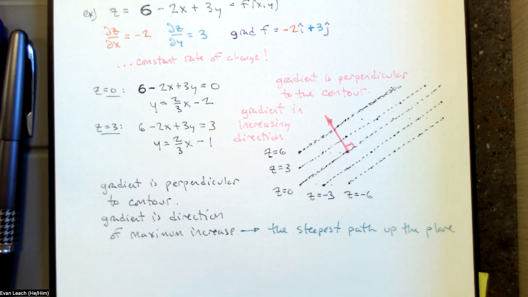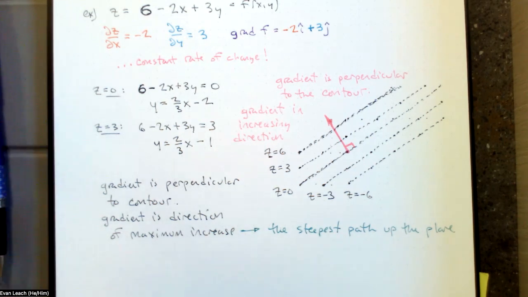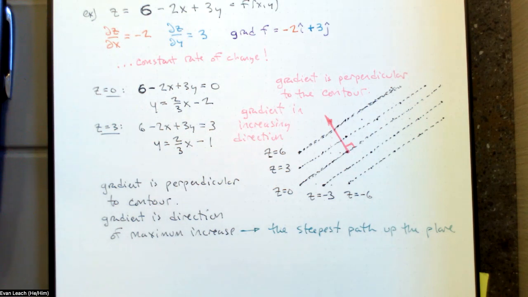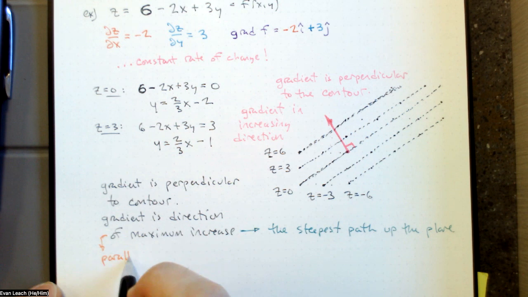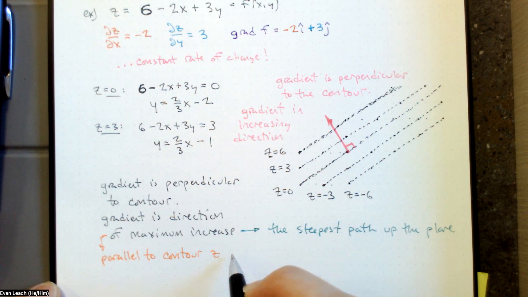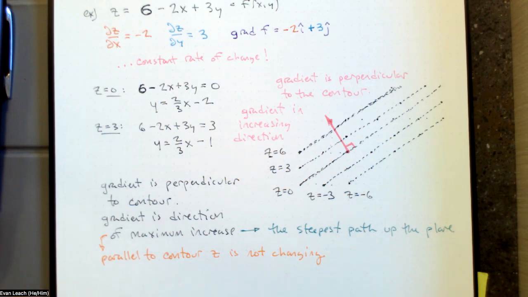So this makes sense because when we are parallel to the contour, tangent to the contour, z is not changing. That's the curve where z is not changing.